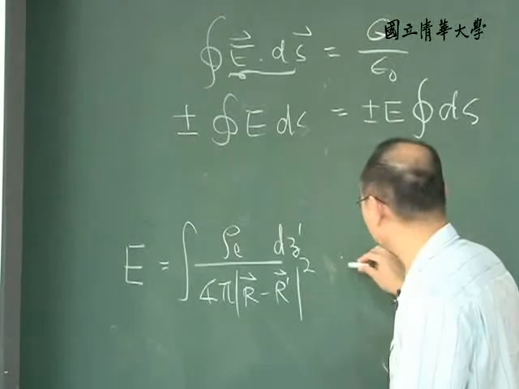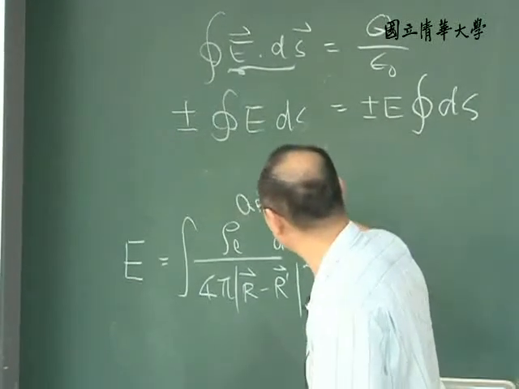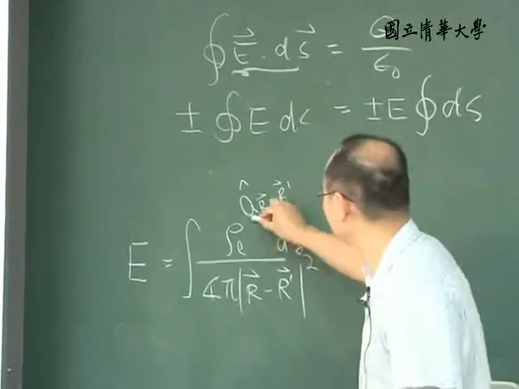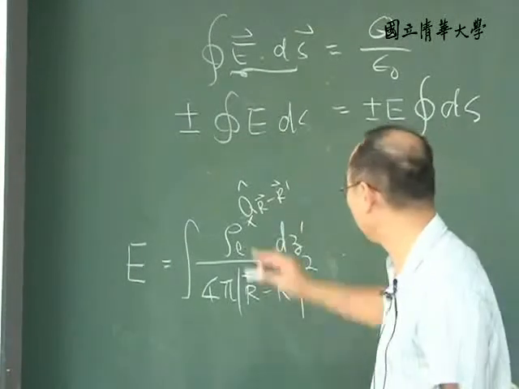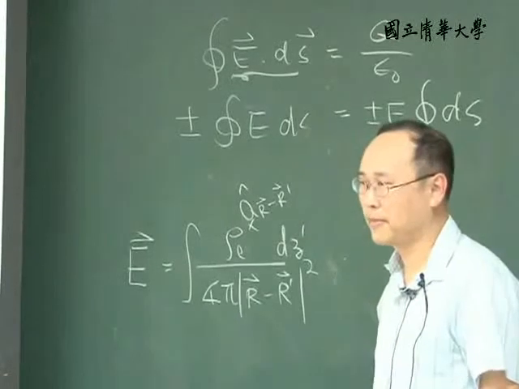But you need to be careful that the direction is a_(r minus r prime) direction. The whole thing has to multiply with the direction because it is a vector.